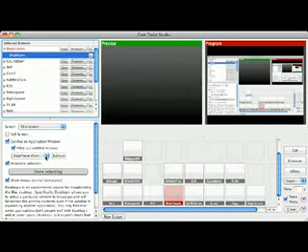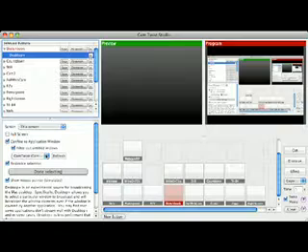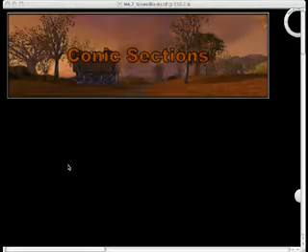Do I have to reselect? Sorry guys, just getting this going here. Sketchbook should be working. This screen, confined to application window. Here it is, Sketchbook. Okay, nice.